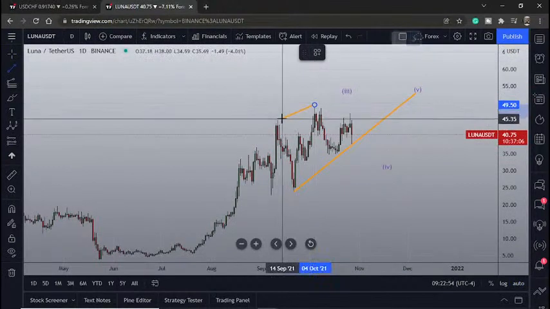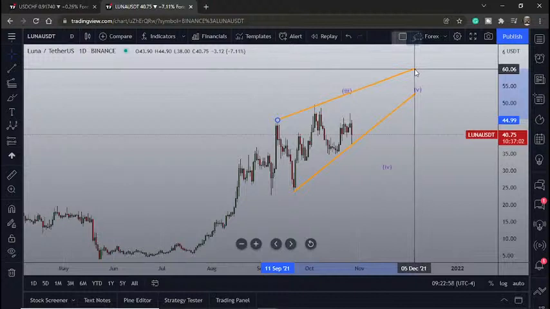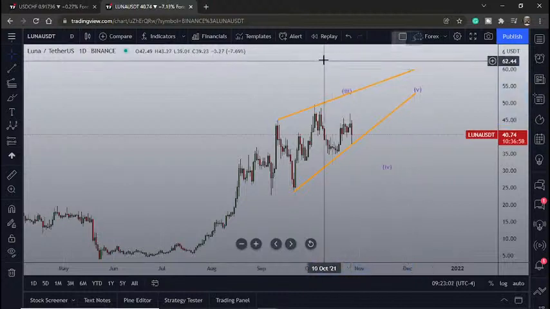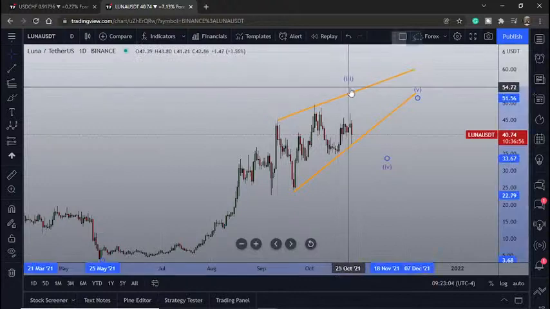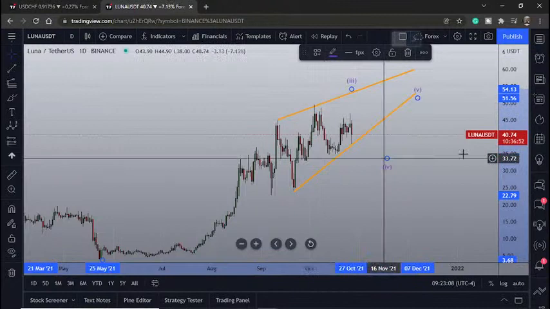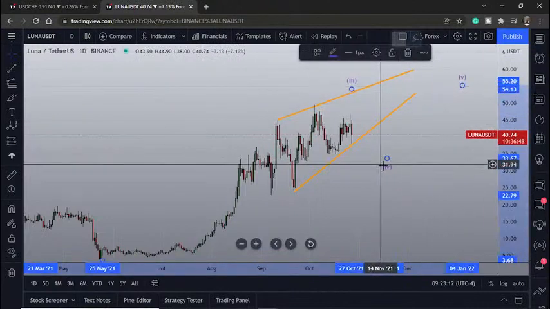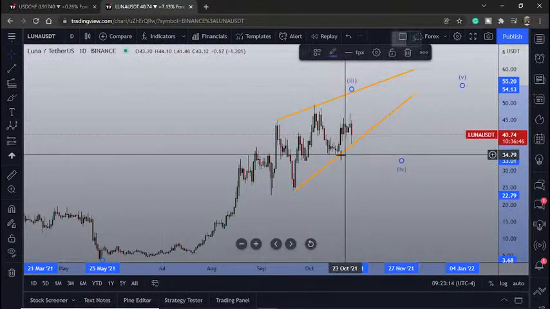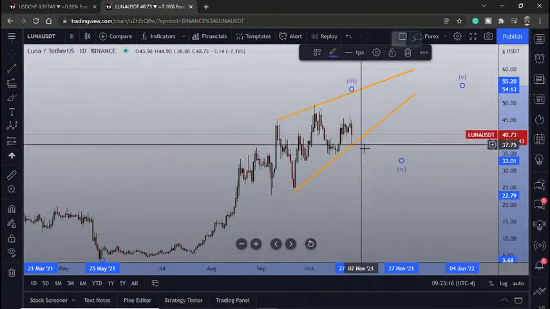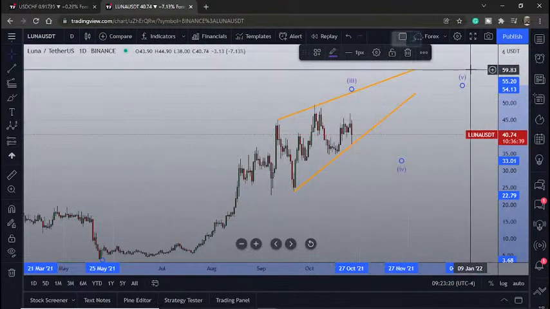You know, everyone's also been saying the bull runs really haven't happened, or the altcoin runs really haven't happened yet. I'm still thinking that it could, but please keep a close eye on Luna, because if we start breaking these lows over here, I think we do have a 5 waves A, B, C potentially before we go up.